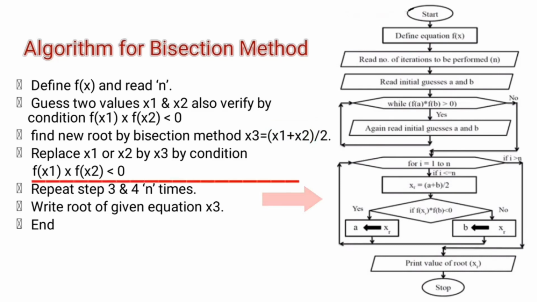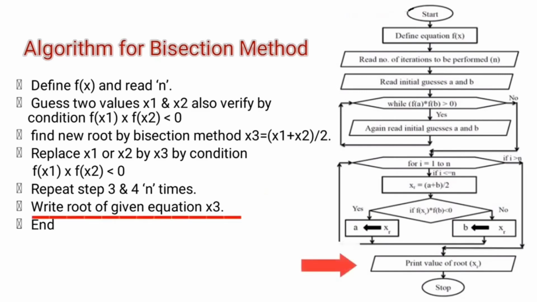For the first iteration, that is n equal to 1, we calculate the value of the approximate root using the bisection formula, x3 equal to x1 plus x2 divided by 2. This step will be performed continuously, so for that we use a for loop up to the nth iteration, and at last we print the root x3 and the program ends.